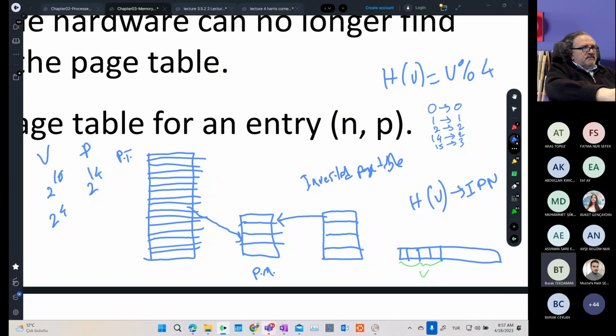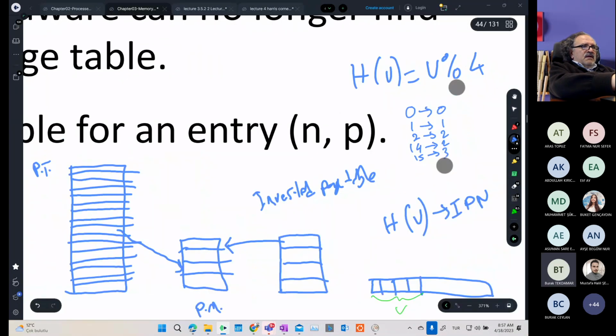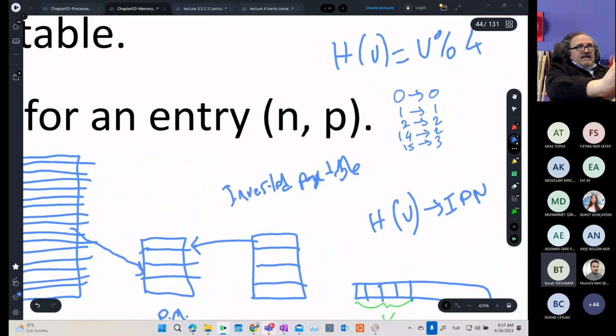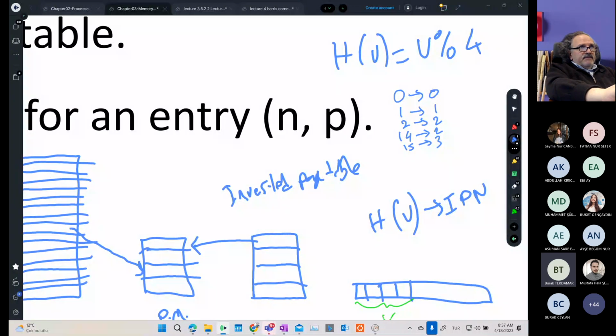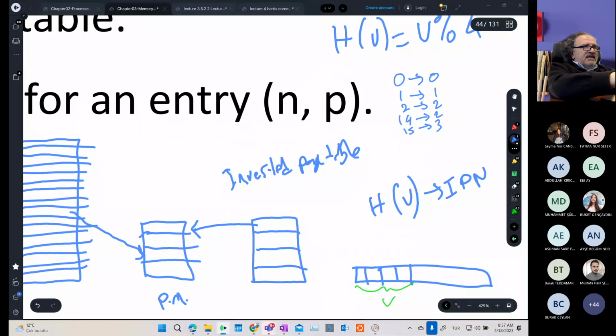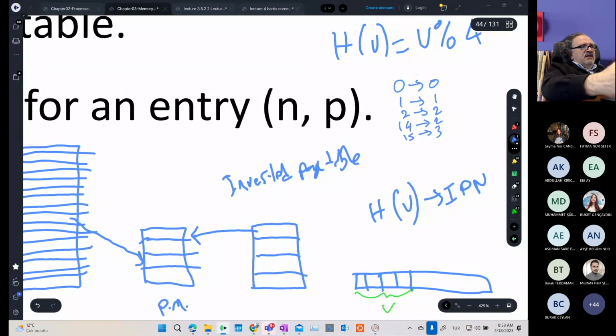Different elements point to the same place. Exactly. So exactly like this one, 2 and 14 are pointing to the same place.